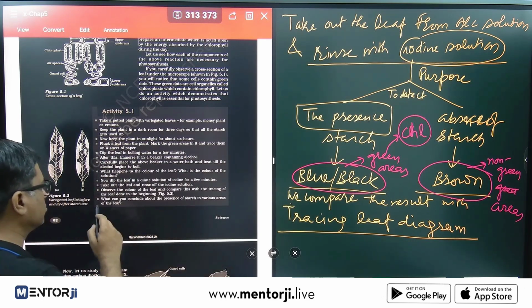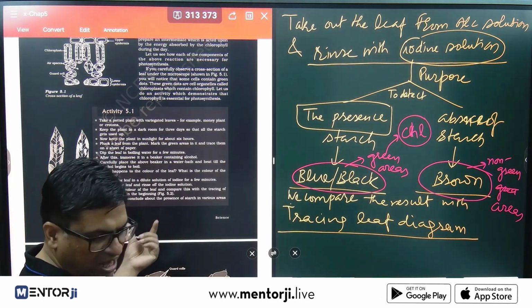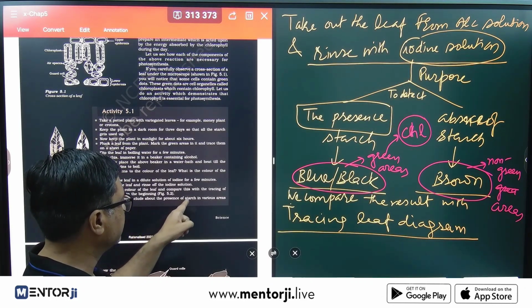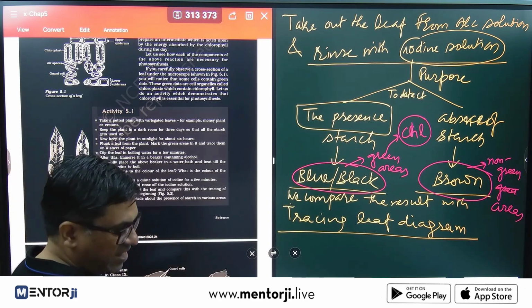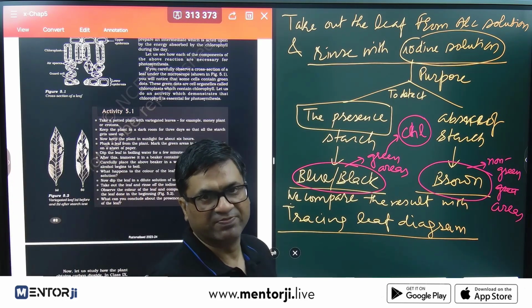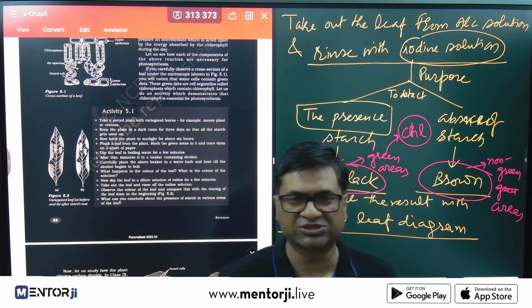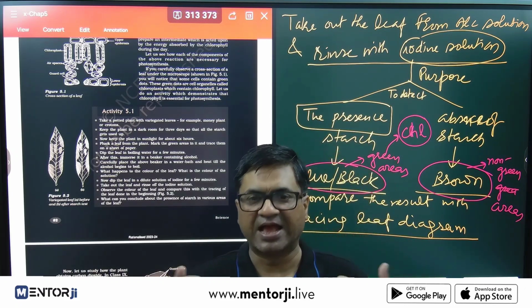A similar question is there in the activity: what can you conclude about the presence of starch in various areas? Here you write, in green areas there is a presence of chlorophyll because photosynthesis will take place here and blue-black color appears.